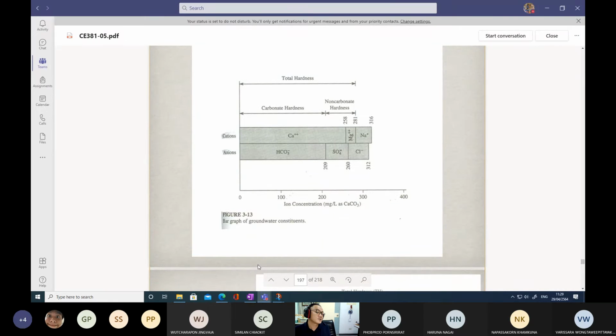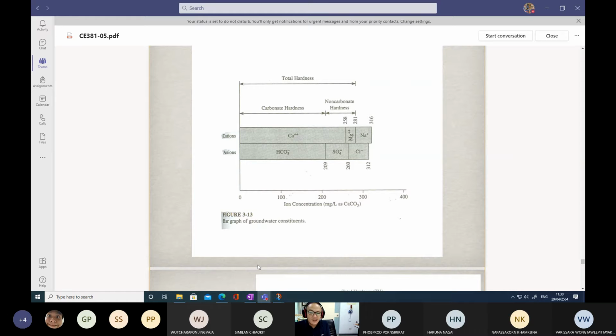So this is how we establish the bar chart from the previous information. We separate the cations and anions. You have to put the cations above the anions, and then measure the scale. So from this bar chart of the groundwater, you can summarize what the total hardness could be.